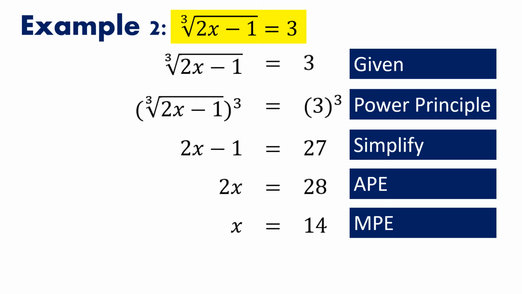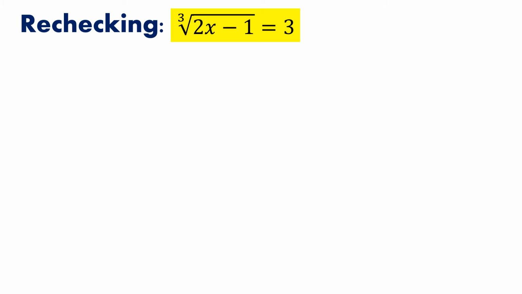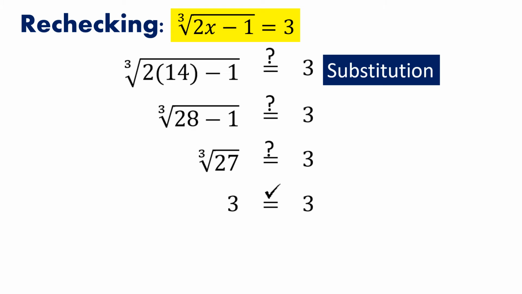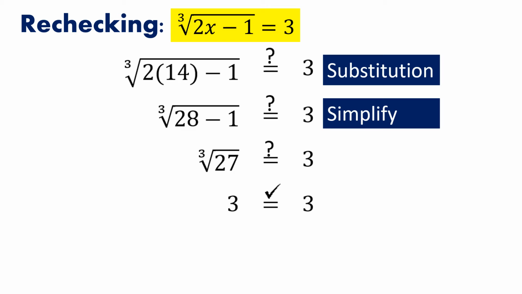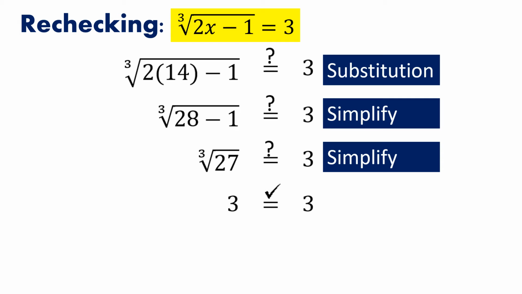We then apply multiplication property of equality. We divide both sides of the equation by 2. We also check our solution as follows. We substitute x is equal to 14. Then we simplify. The solution set of the radical equation is the set containing 14.